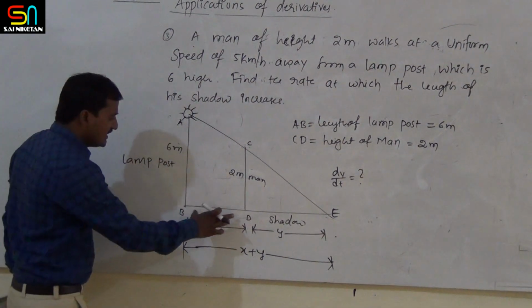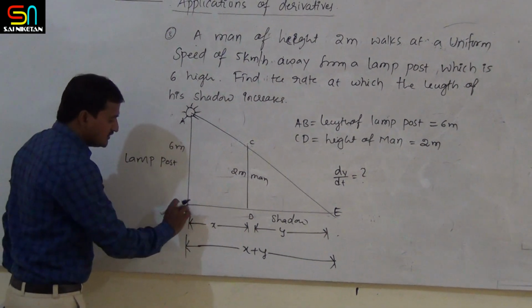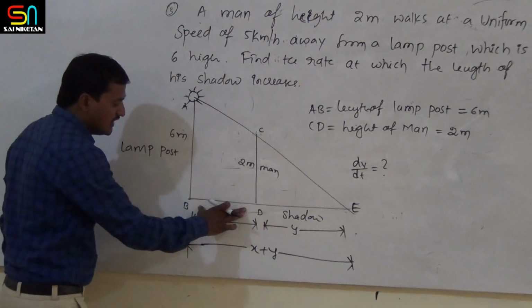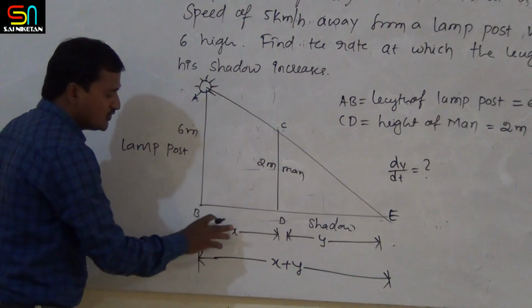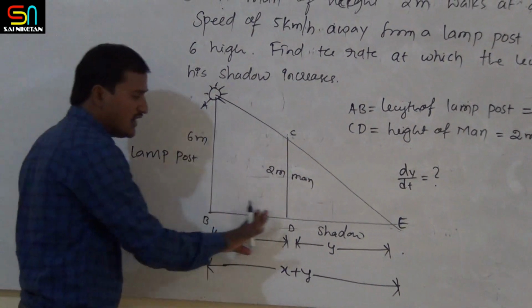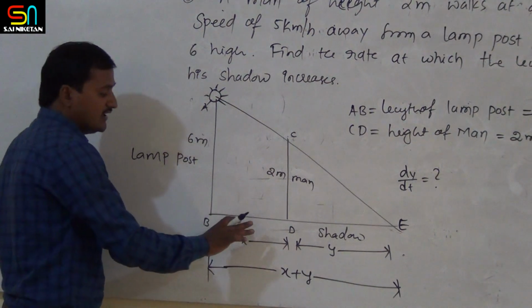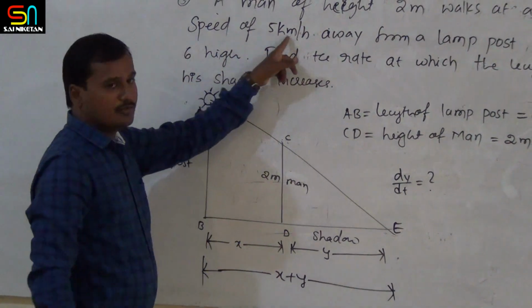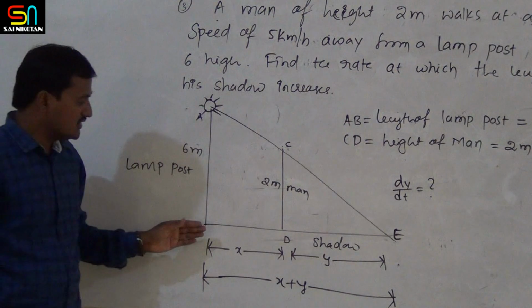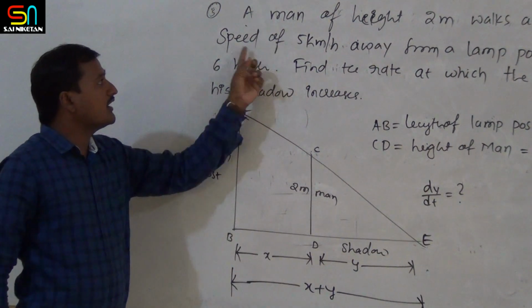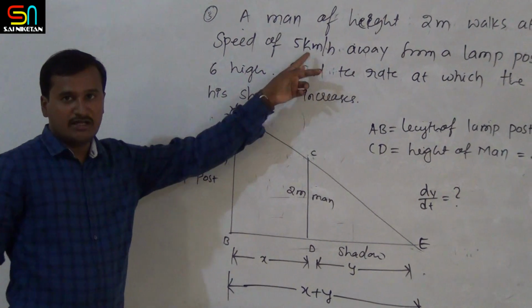So clearly this is the distance between the lamp post and the man, so this is dx by dt. The man is moving away from the lamp post at the speed of 5 kilometer per hour.